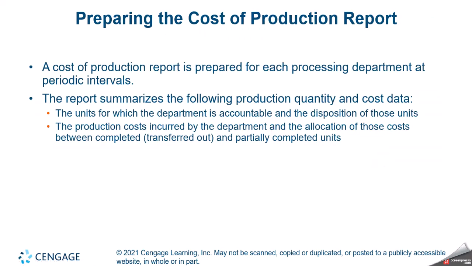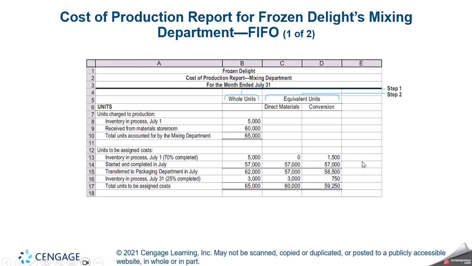Then now we prepare the cost of production report. So again, it's a little bit more confusing than our product costing because we're mapping out those equivalent units. So this column gives you the whole units, and then this is saying, okay, how are those allocated? The 5,000 beginning inventory had all the direct materials already included, so there's nothing in this current period, the month of July.